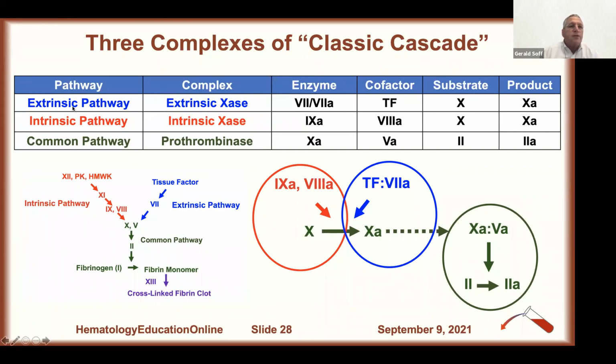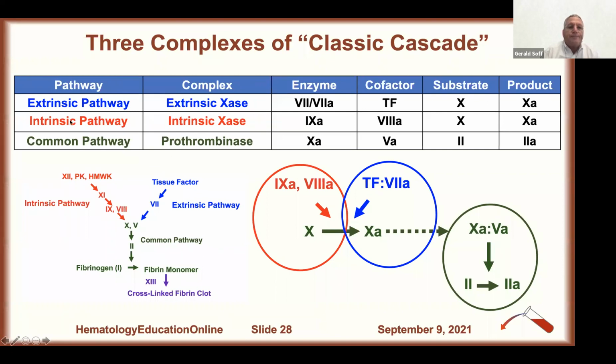So we have the extrinsic 10-ACE, which is simply a complex of tissue factor as cofactor, factor 7A as the enzyme, and factor 10 as the substrate. So this complex here of tissue factor, factor 7A, can then convert factor 10 to 10A. That's why it's called the extrinsic 10-ACE, because it cleaves 10 into 10A.